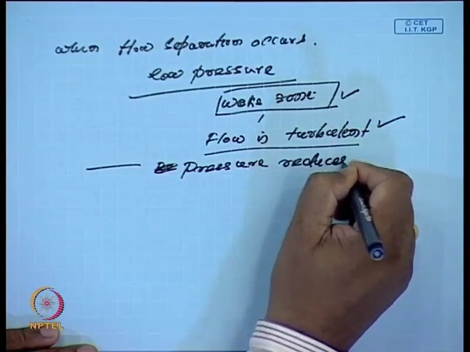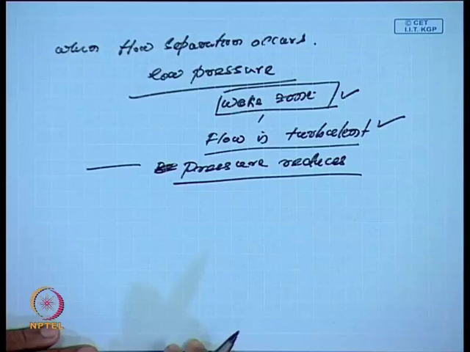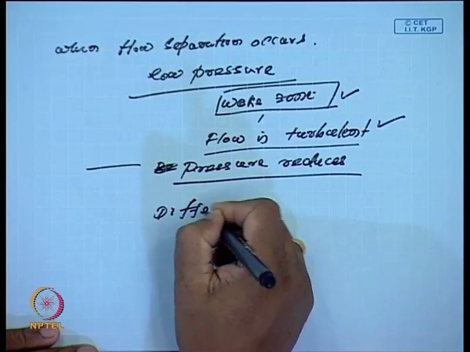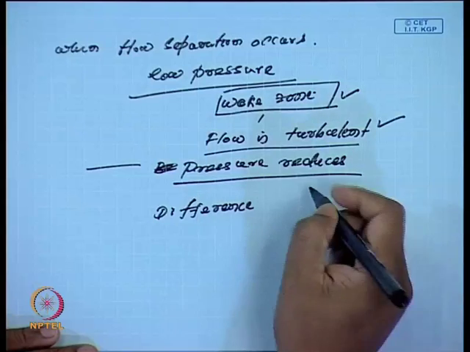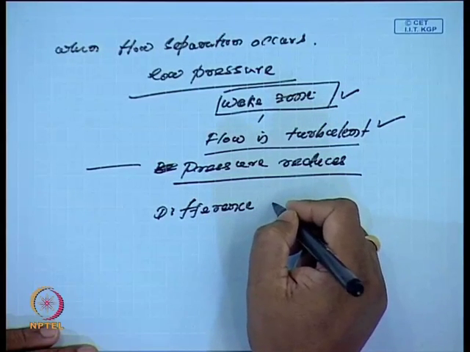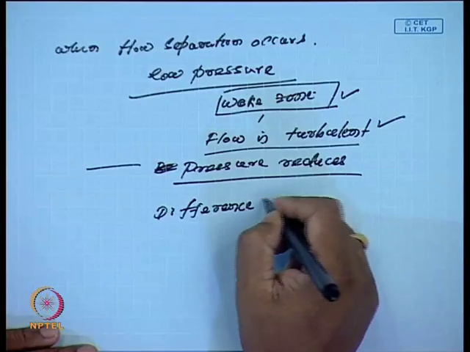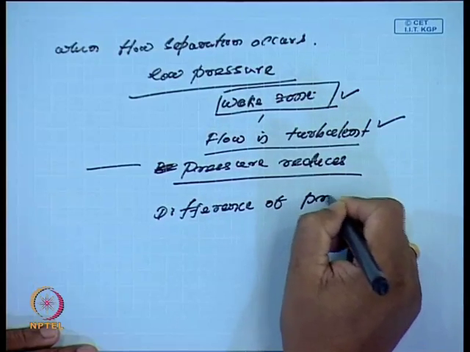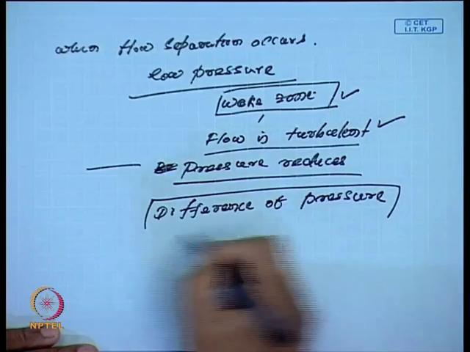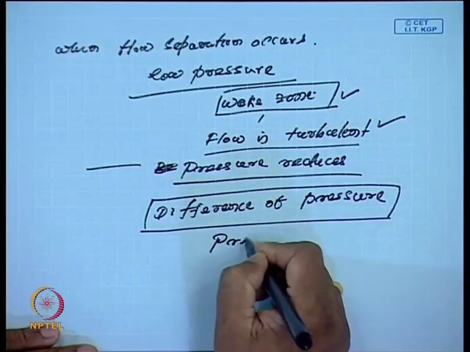So, what happened in the process is that a difference of pressure is developed around the body, between the front side and the back side, and this difference of pressure leads to the pressure drag.